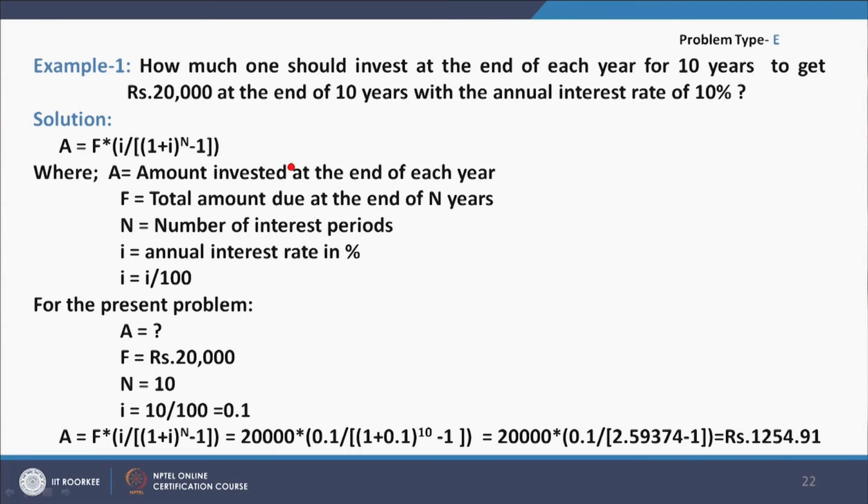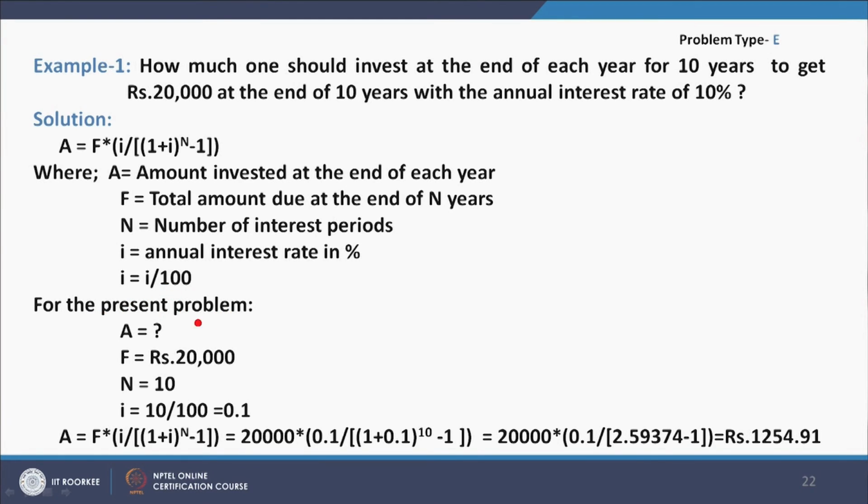How much one should invest at the end of each year for 10 years to get rupees 20,000 at the end of 10 years with the annual interest rate of 10%? The solution is, we have to pick up an equation which correlates A and F. Here A is the amount invested at the end of each year, F is the total amount due at the end of n years, n is the number of interest periods, I is the annual interest rate in percentage, and I is equal to I by 100.